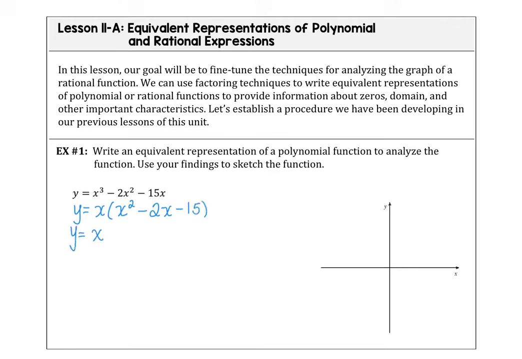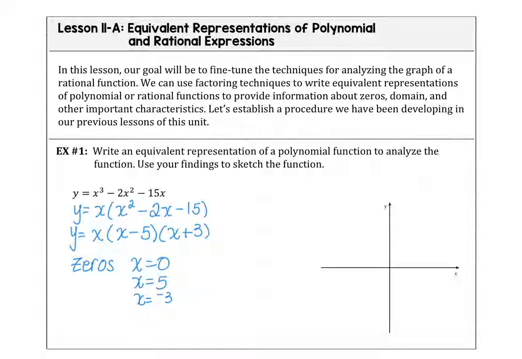That can be further simplified as the product of x minus 5 times x plus 3. Using those factors, we know that the function has zeros at 0, at 5, and at negative 3.